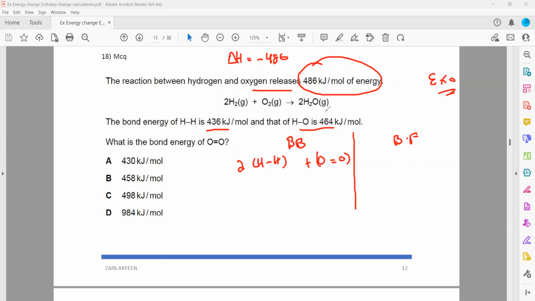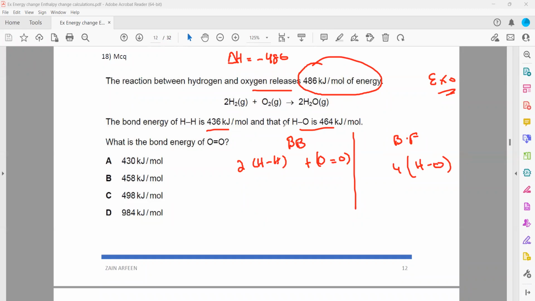And for bond forming, H2O means H-O-H, and there are two water molecules. One molecule contains two OH bonds, so two molecules contain 4 OH bonds. So this will be 4 OH or 4 HO, it's the same thing.